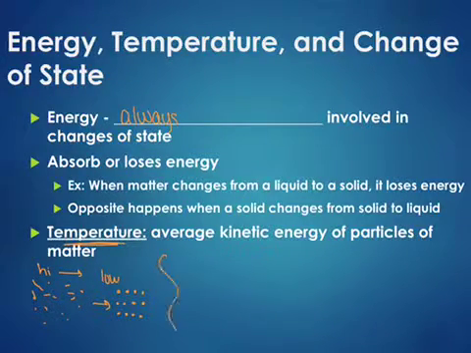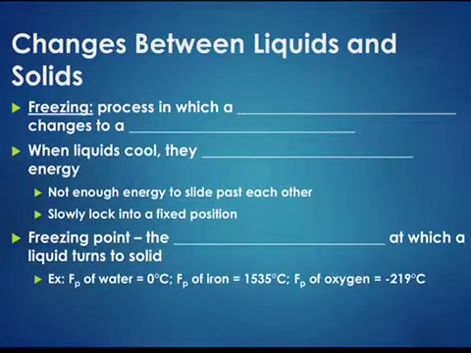The reverse is true when you go from a solid. We have low energy, and then if it melts, we get a liquid, and so that will go to high energy. So changing between liquids and solids, we have freezing and melting.